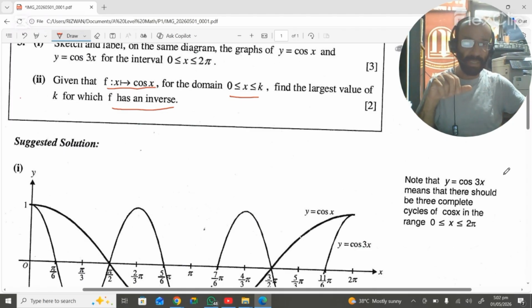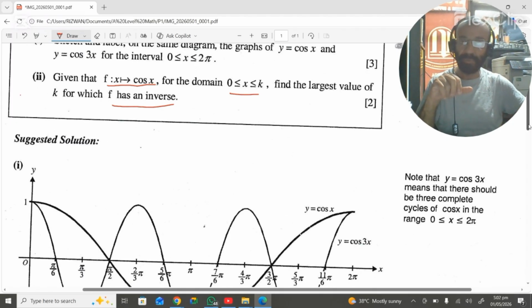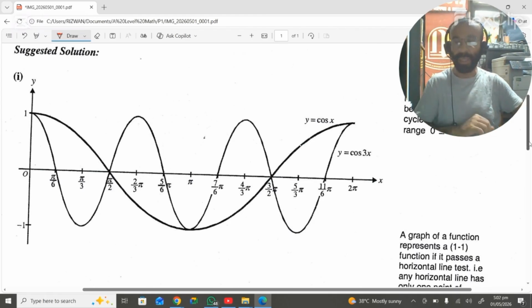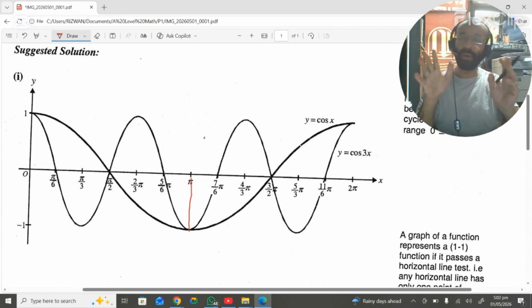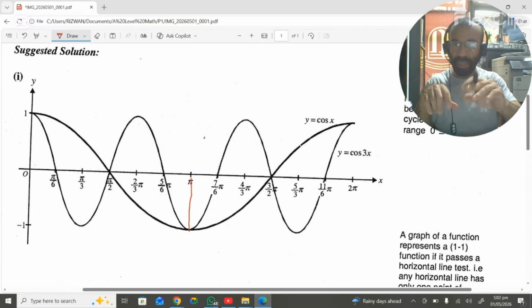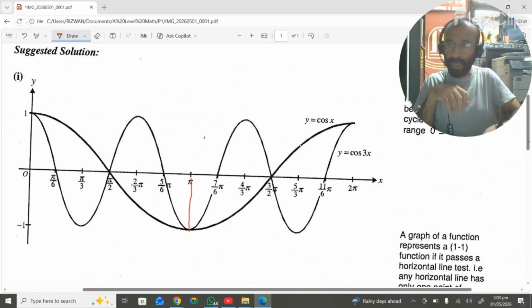So if you can see the graph of y is equal to cos x, up to this value of pi, actually, there is a horizontal line test. If we draw a horizontal line on this graph up to the value of pi, every value of y will have only one corresponding value of x.